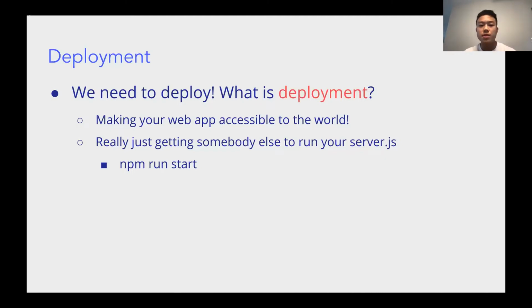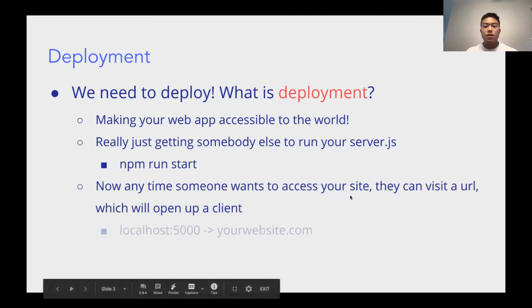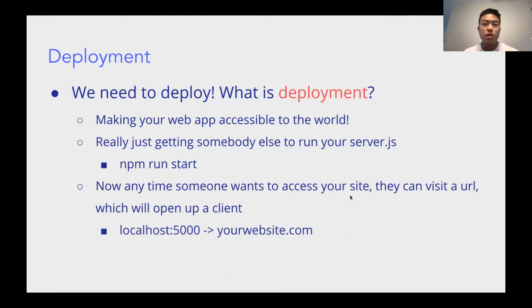But there's problems with that. Our computer is going to run out of battery, and the server is going to die. Our computer is going to lose connection to the internet. So you want it to be running somewhere where it's consistently available for clients to connect to. And now anytime someone wants to access your website, they can visit the URL that you assigned for your client. So instead of going to localhost 5000, they would go to the URL that you assigned when you deployed.